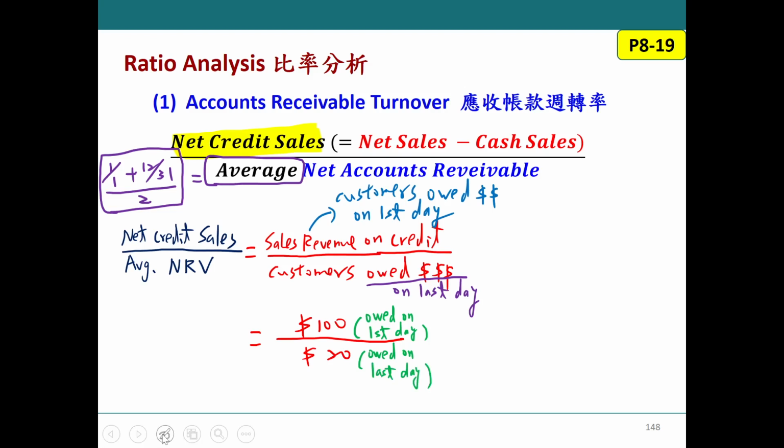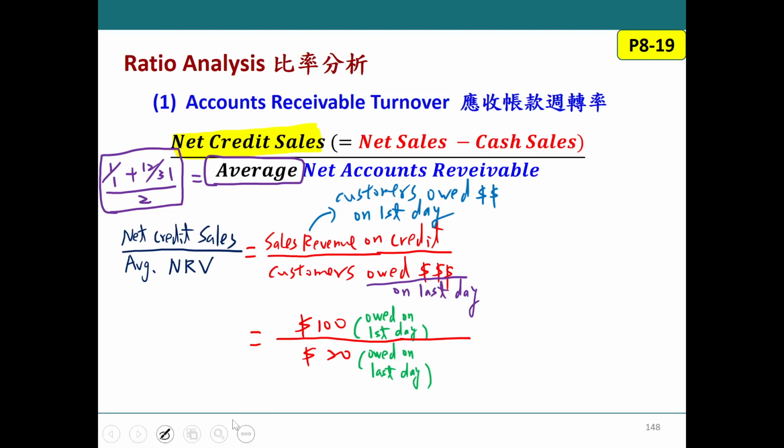Based on this, they owe you 100 on the first day. After 1 year, they only owe you 20. So what does it mean? They paid you money back. How much? $80, right?